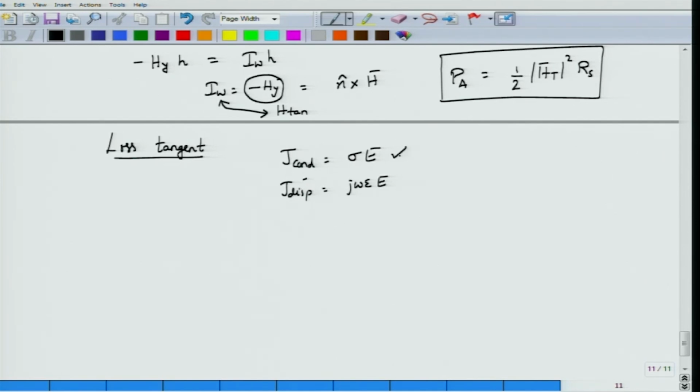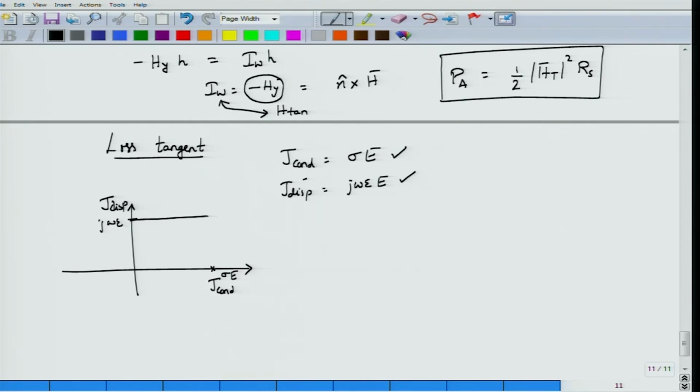So, this is the conduction current, this is the displacement current. You can actually plot them on the x and y axes. I can plot this one as the displacement current, which in terms of j would be omega epsilon, and the magnitude of the conduction current I can plot here. Okay, this would be the conduction current, which is given by sigma E.